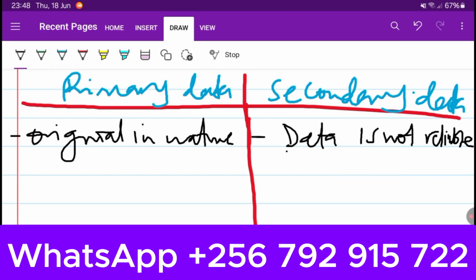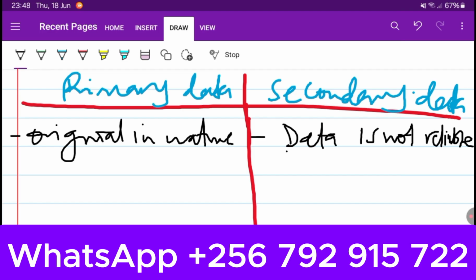Remember we said that with secondary data, most of the time it is hard for us to even identify the original sources where the researchers got this information from. And most of the time, secondary data can also be expired. We might have collected it from expired secondary sources.